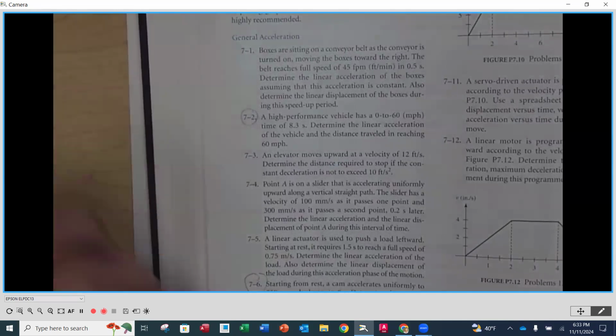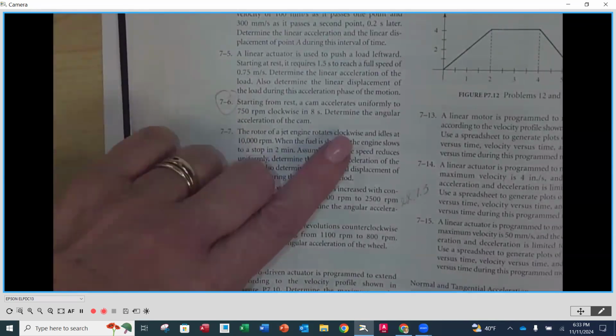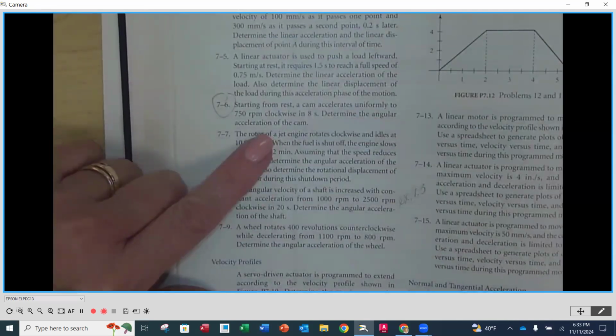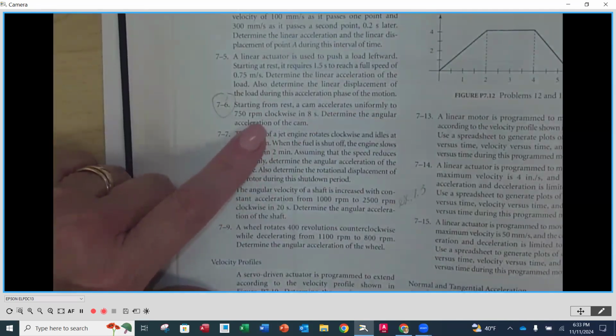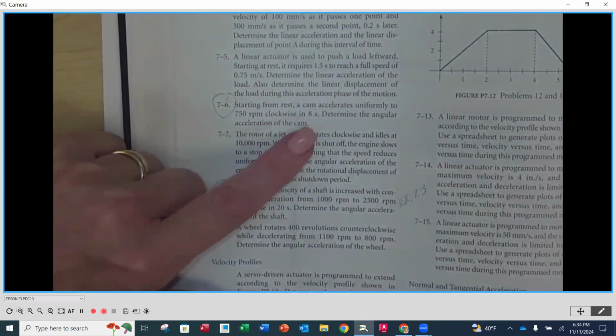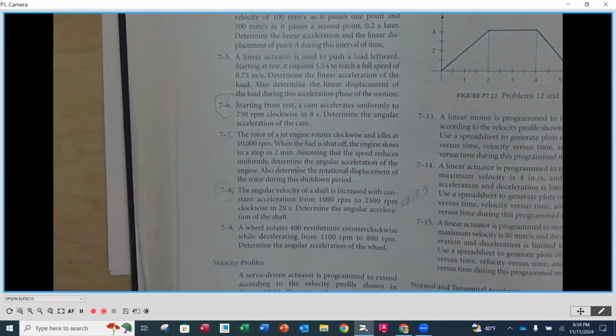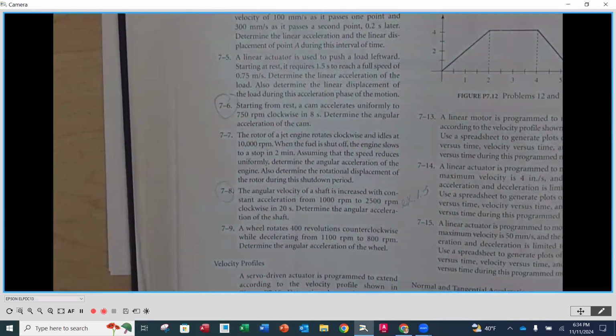Okay. The next one, 7-6: starting from rest, a cam accelerates uniformly to 750 RPM clockwise in 8 seconds. Determine the angular acceleration of that cam.